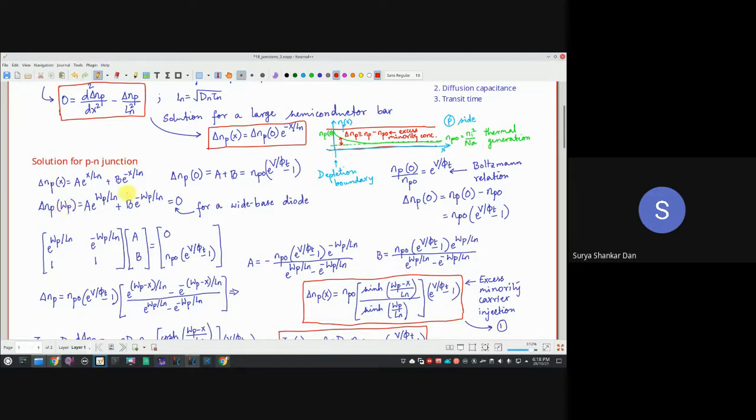That means the width of the diode in the P side region. So if it is a diode, then after the diode has ended, let us say this is the diode side, this is the terminal. Okay, this is the terminal of the diode, and this is of course the depletion boundary, as I said.